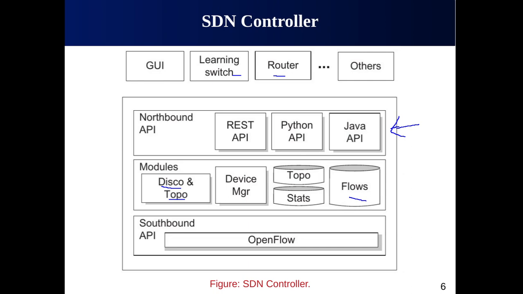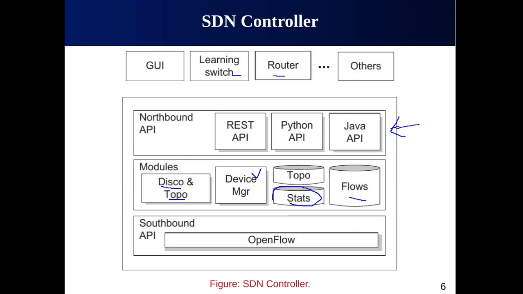Another core function of the controller, as we have seen, is the discovery of devices, discovery of the topology, and also flow tracking and management, device management, and statistics tracking. These common core functionalities are implemented in the controllers, and they are internal to the controller.